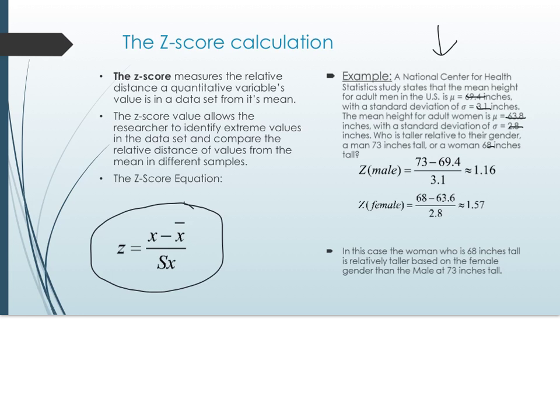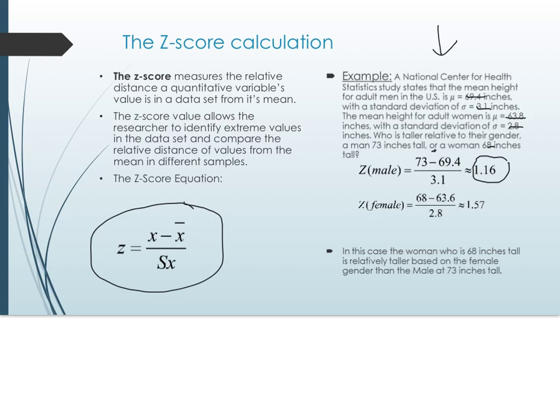Well, to answer that, we will put them in the z-score formula. For the male, the value of 73 minus 69.4 divided by 3.1 gives us the answer of 1.16 standard deviations from the mean.